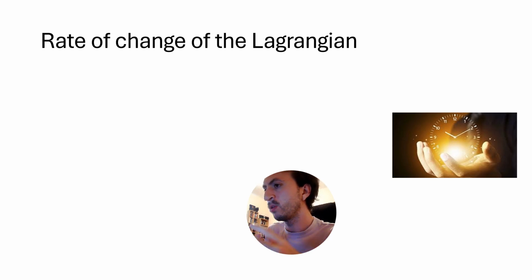In other words, how does generalised position relate to conjugate momentum? And how they relate is governed by Hamilton's equations. But to get to Hamilton's equations, we need an expression for, firstly, the Hamiltonian, and also for conjugate momentum. And to get there, we need to consider the time derivative of the Lagrangian.